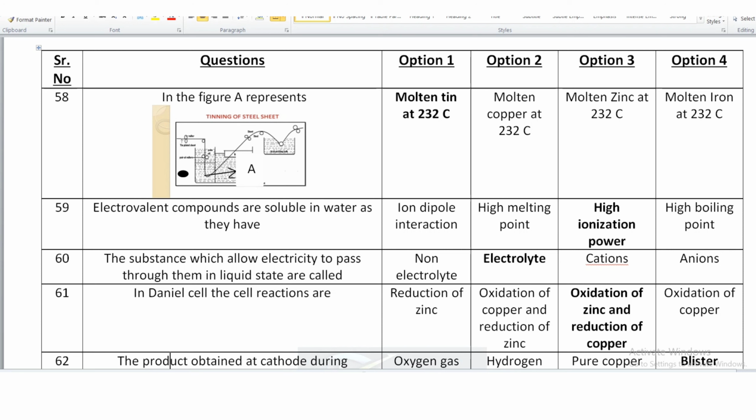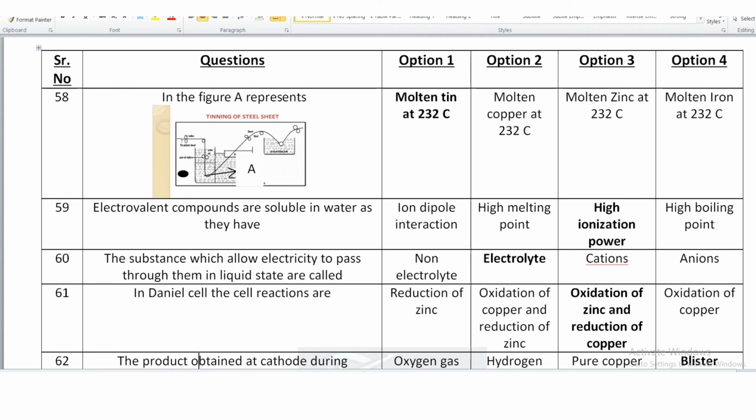The electrovalent compounds are soluble in water as they have what? It is high ionization power, because water is a universal solvent. The substance which allows electricity to pass through it in liquid state is called an electrolyte. In Daniell cell, the cell reactions are oxidation of zinc and reduction of copper.